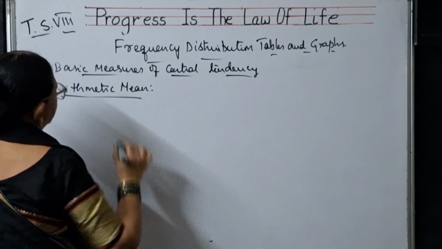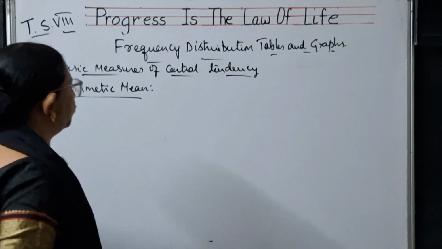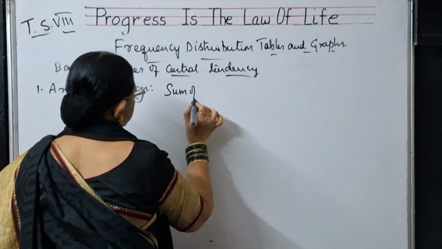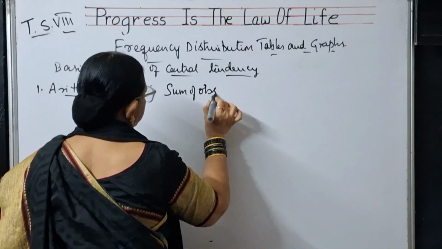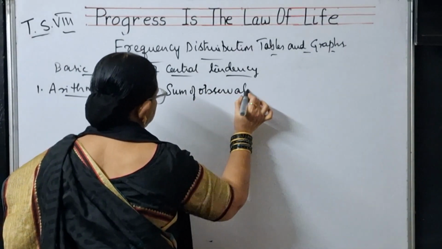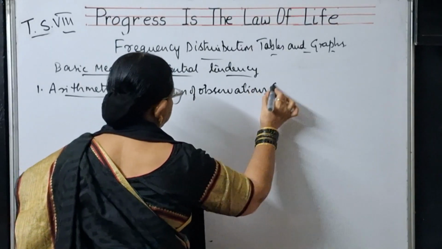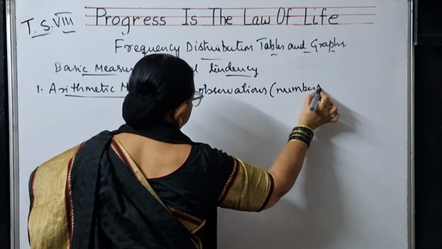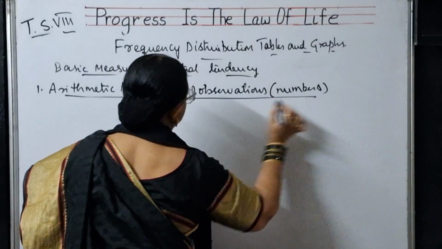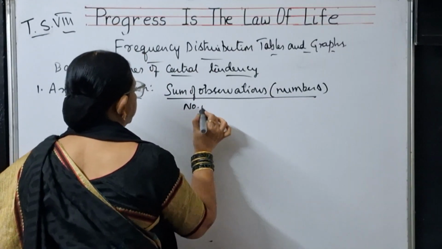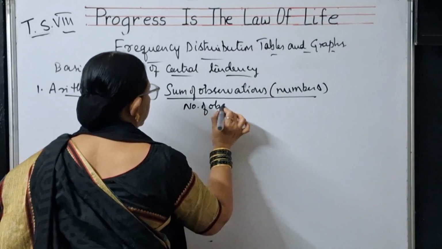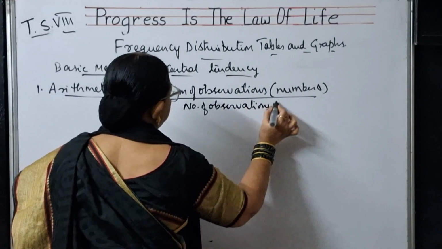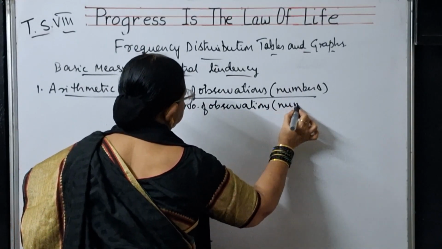What is the meaning of this arithmetic mean? There is a formula, children: sum of observations, which can also be called sum of numbers, divided by number of observations. Either you write observations or numbers.